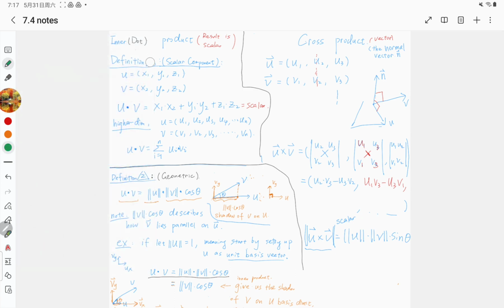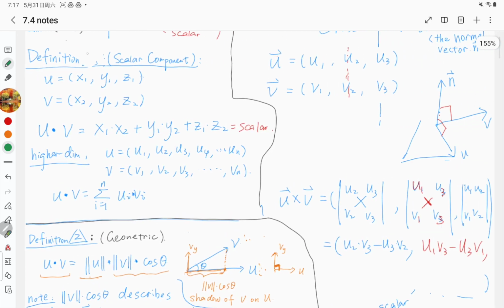One definition is the scalar component. Okay, so I can change color a little bit. So definition one. If you have the coordinate form of a vector, then this scalar component definition is definitely convenient to use, right?